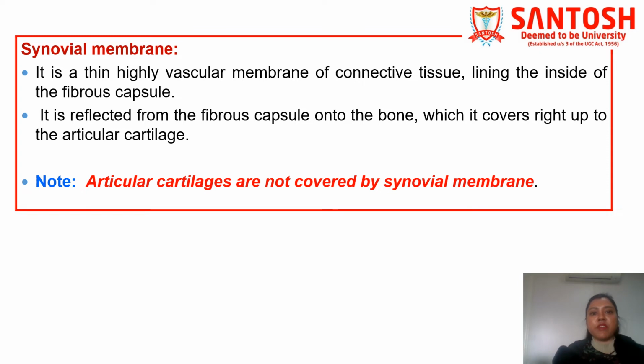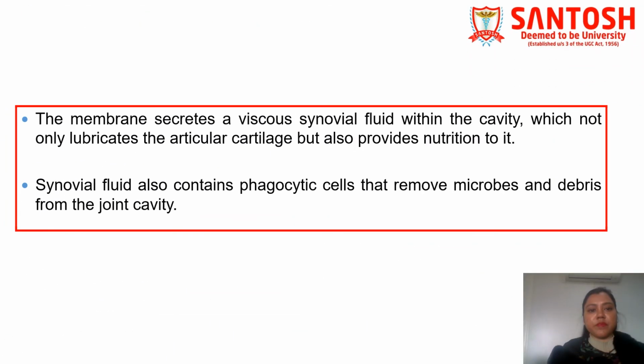Synovial membrane is a thin vascular membrane of connective tissue that secretes the synovial fluid, and articular cartilages are not covered by synovial membrane. The fluid lubricates the articular cartilage and fills the synovial cavity.